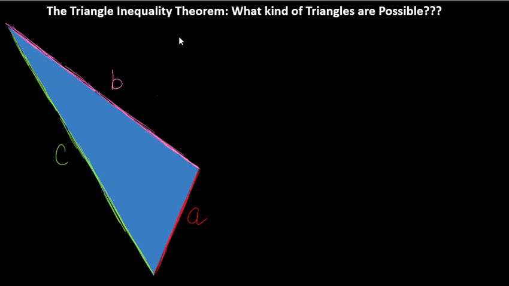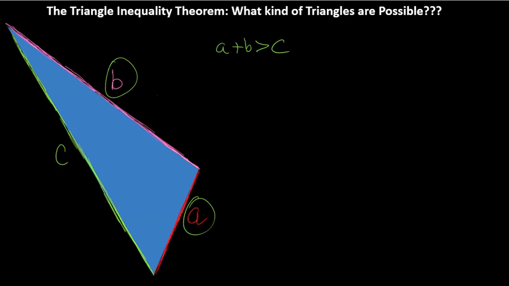So looking at this triangle, what do we notice? Well, if you combine side A plus side B, you can plainly see that side A plus side B would be greater than side C on its own.